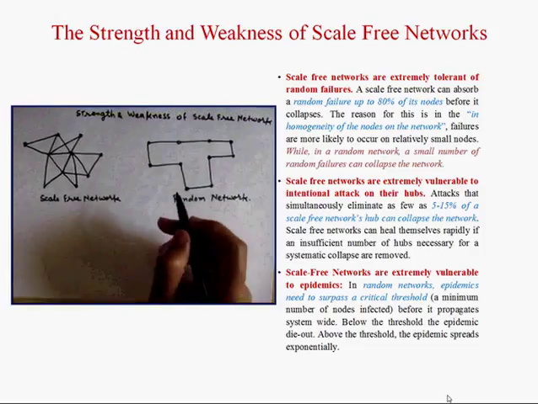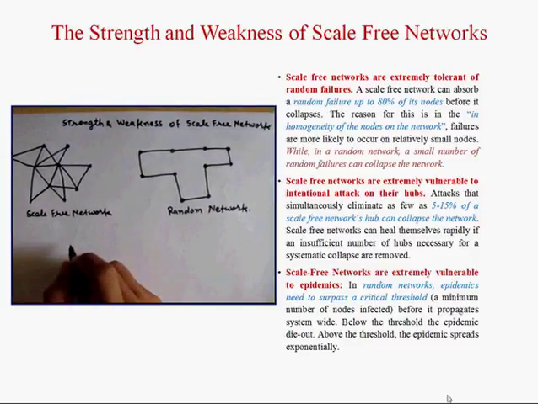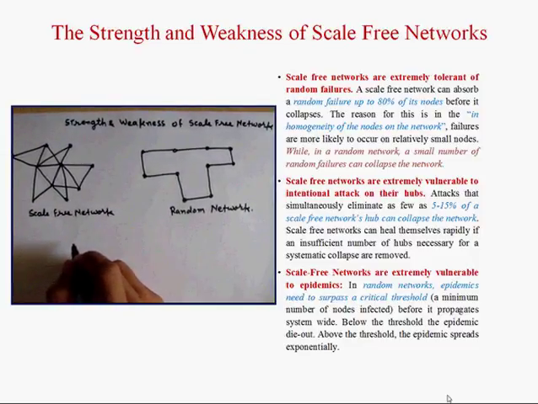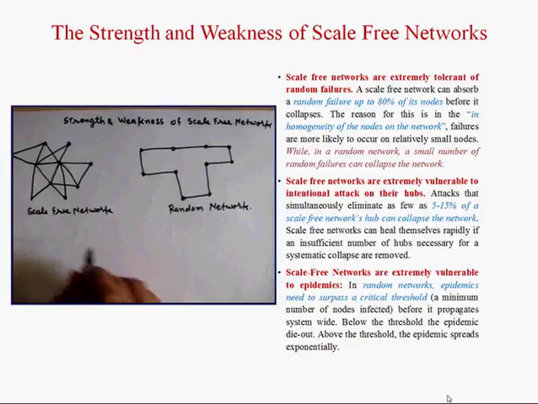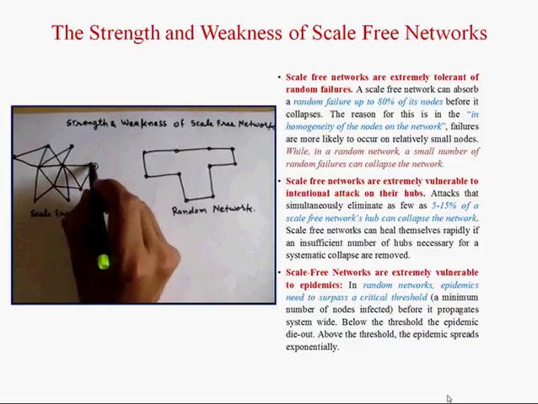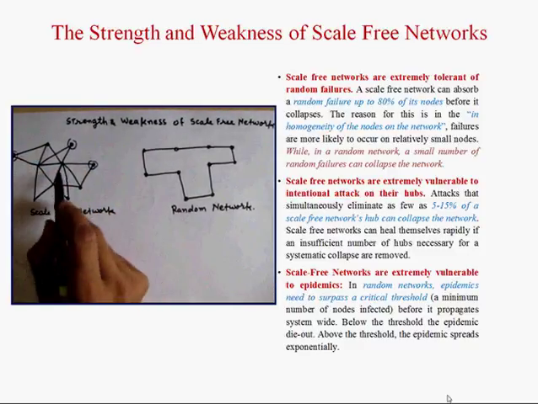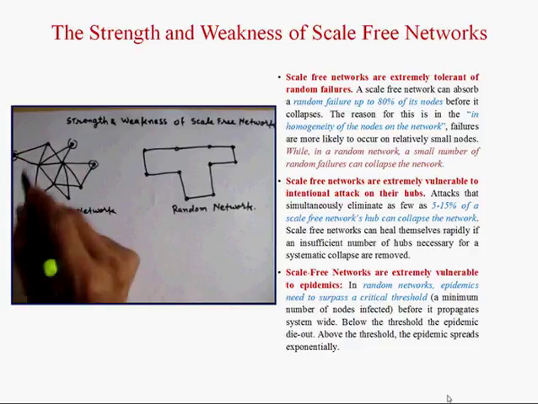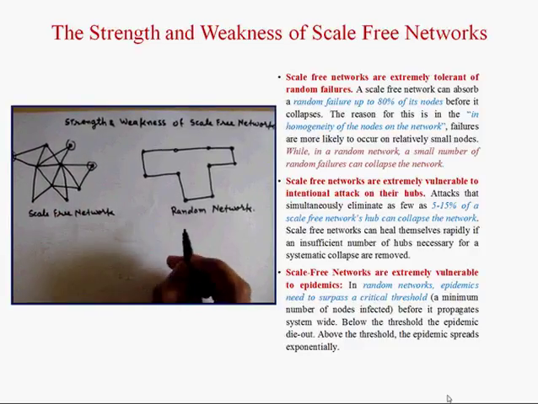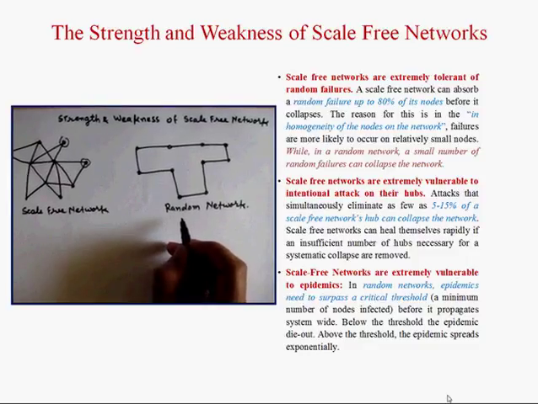The strength and weakness of scale-free networks. Scale-free networks are extremely tolerant to random failures. For example, suppose nodes like this fail, then it will not affect the entire network structure. While in a random network, a small number of random failures can collapse the entire network.